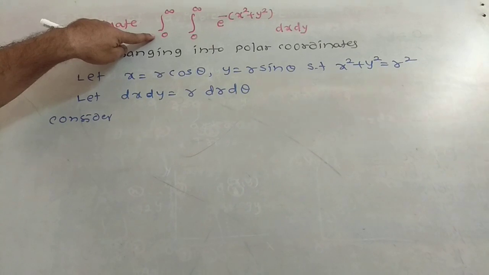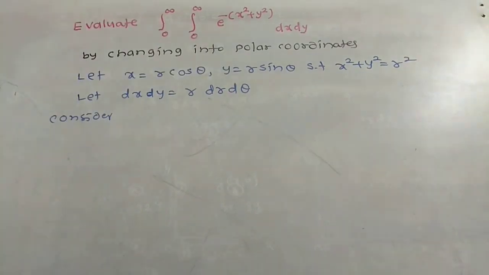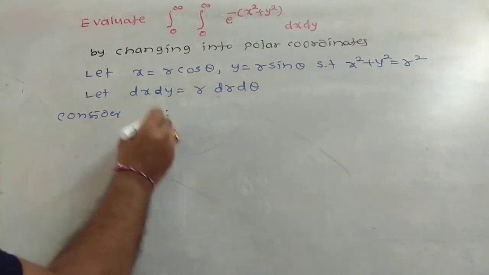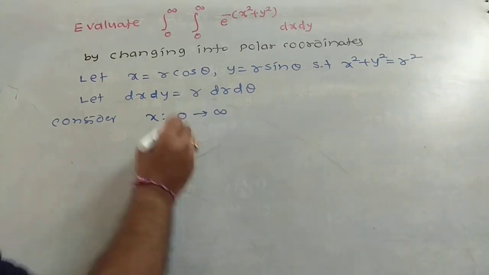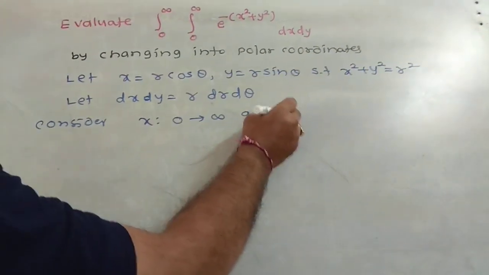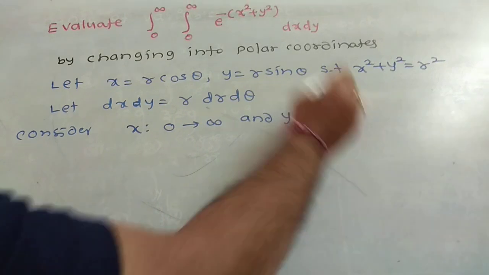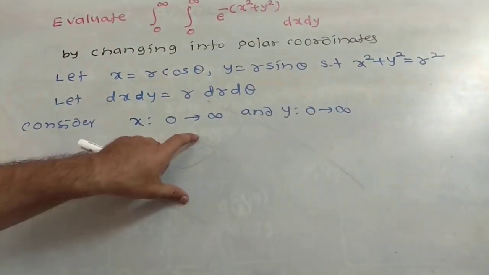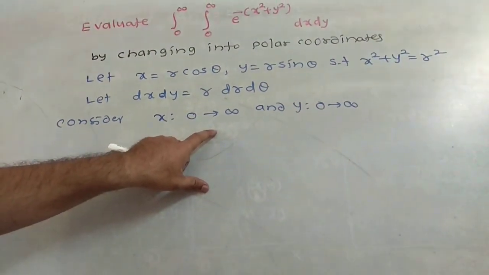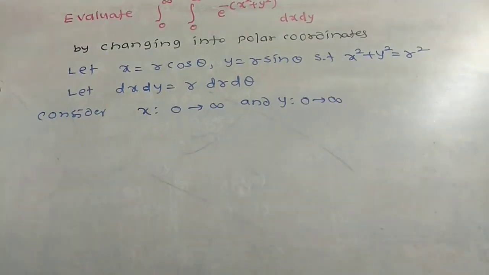I suppose the first integral is x, 0 to infinity, and the second integral is y, 0 to infinity. Now using these limits, we calculate the limits of the new variables.